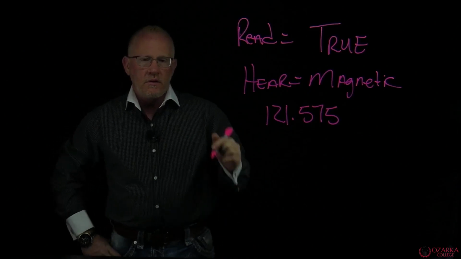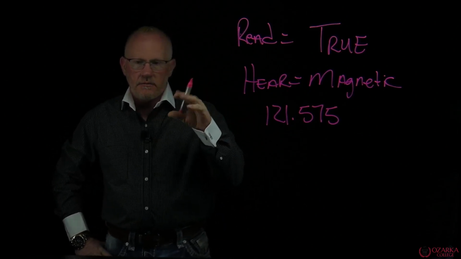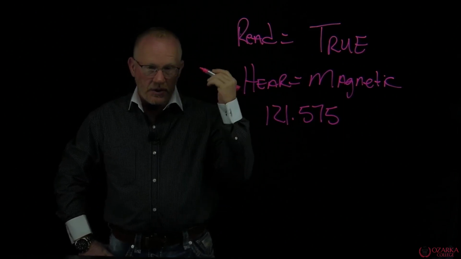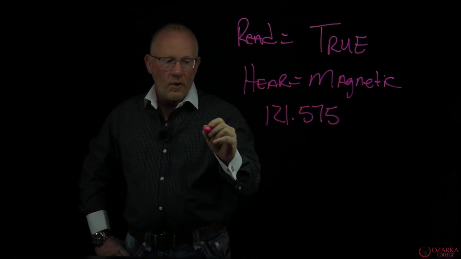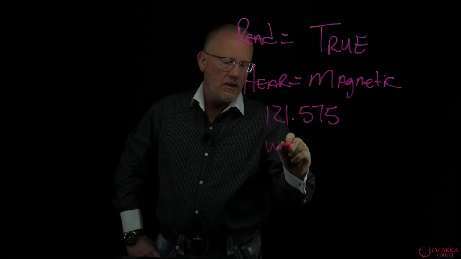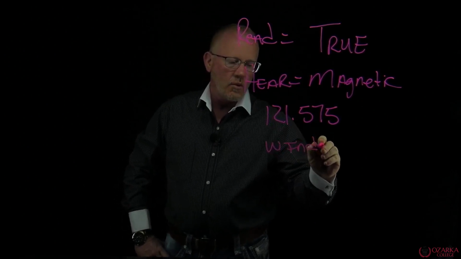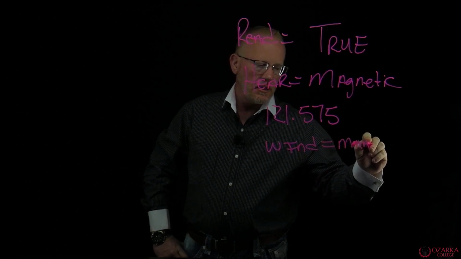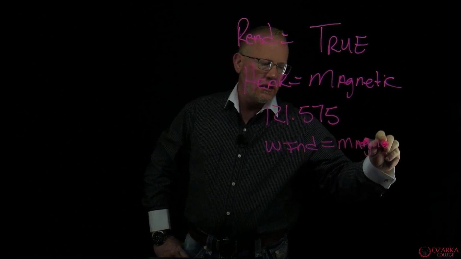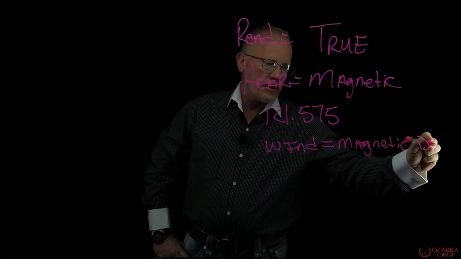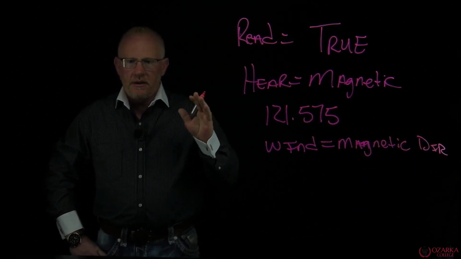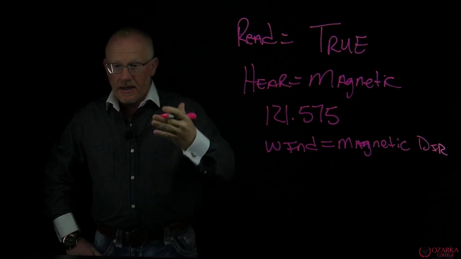So you tune up and you hear the AWOS tell you all the weather information. You're listening to it, you hear it. So the wind, therefore, is magnetic direction. Okay? So you're hearing it, so that wind is of a magnetic direction.